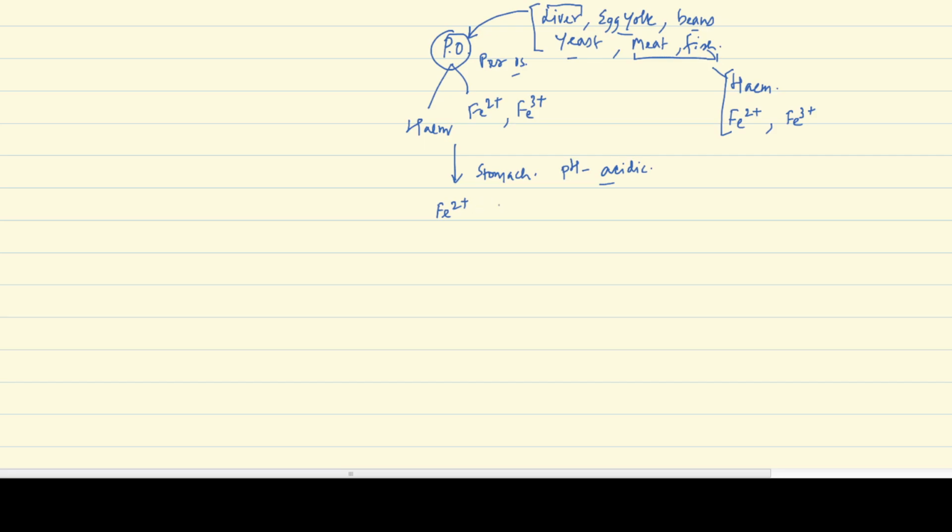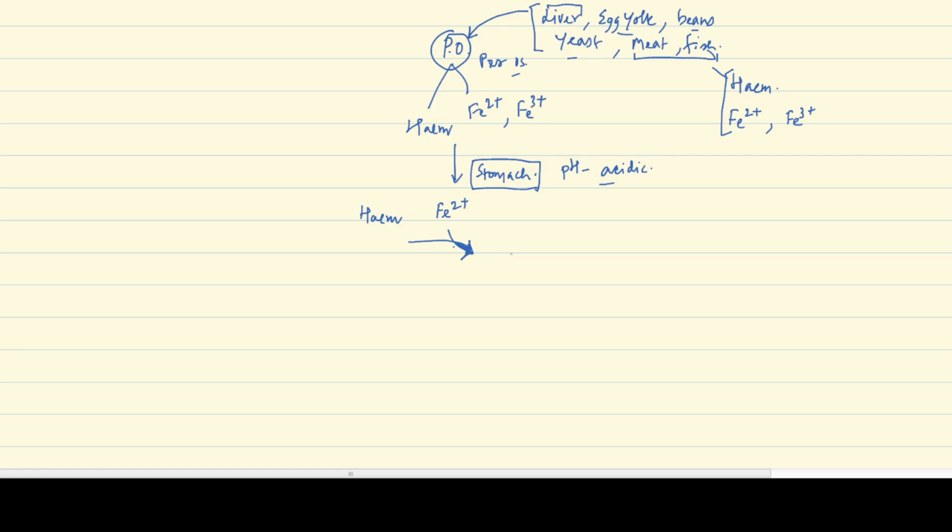At the same time, remember, the person has also consumed heme. So both these things are present in the stomach.